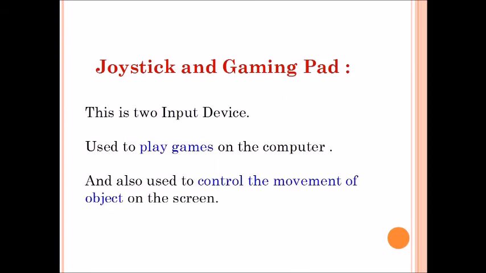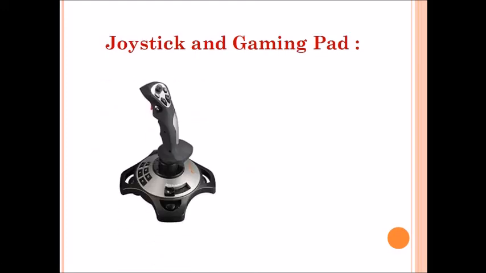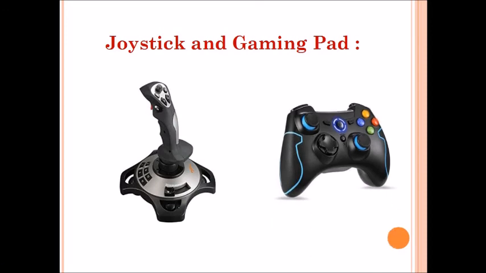Then the joystick and gaming pad. These are 2 input devices used to play games on the computer and also to control the movement of objects on the screen. So this is the joystick and this is the video game.